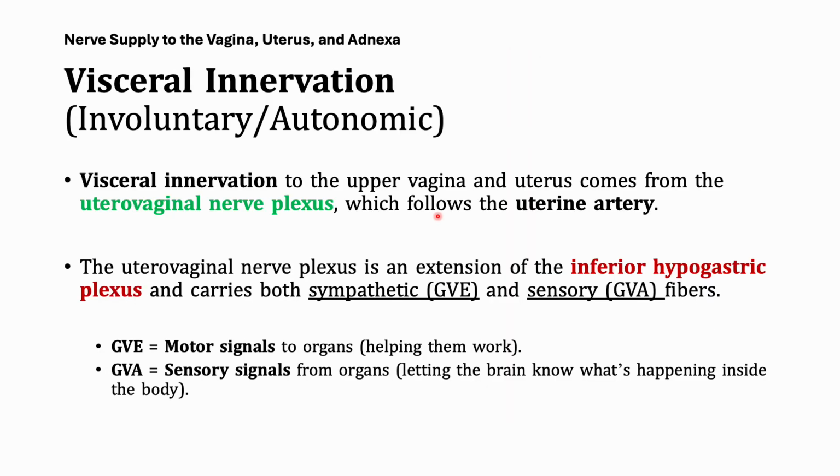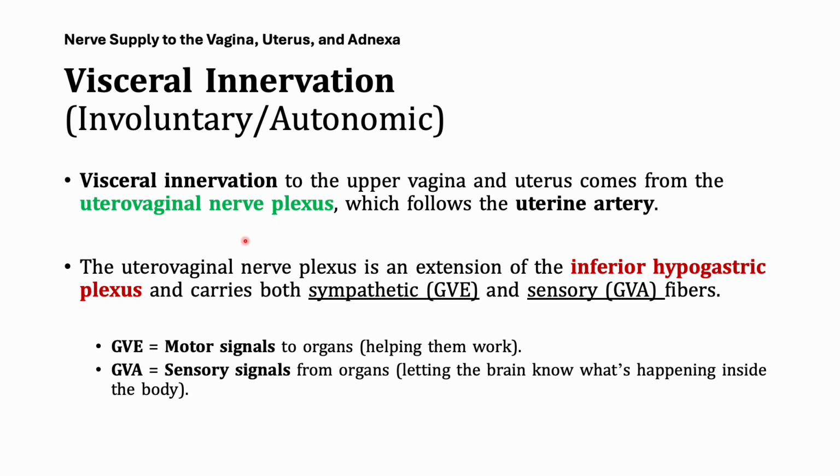So again, we were talking about somatic, which is voluntary and sensory information, and now we have visceral innervation, which is involuntary, automatic, or autonomic innervation.